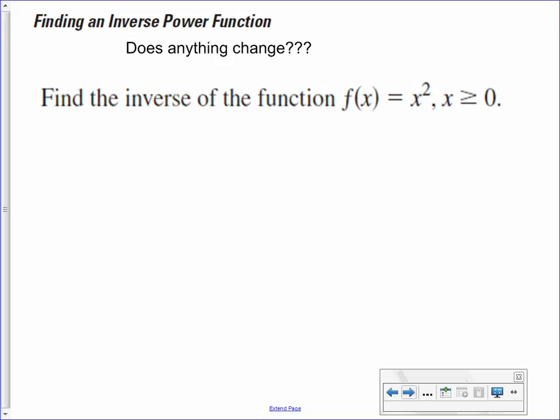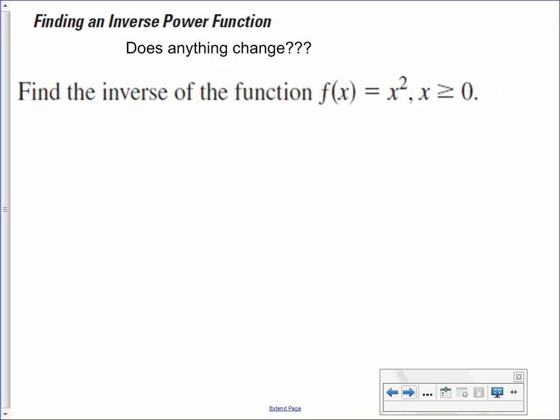Now, what I want you to look at, f of x is just another fancy way of saying y equals. So if I need to find the inverse of f of x equals x squared, it's y equals x squared. So you still do x equals y squared. When you solve for y, do you agree?